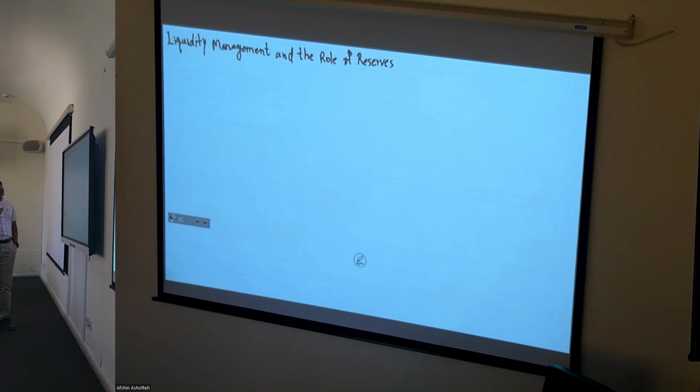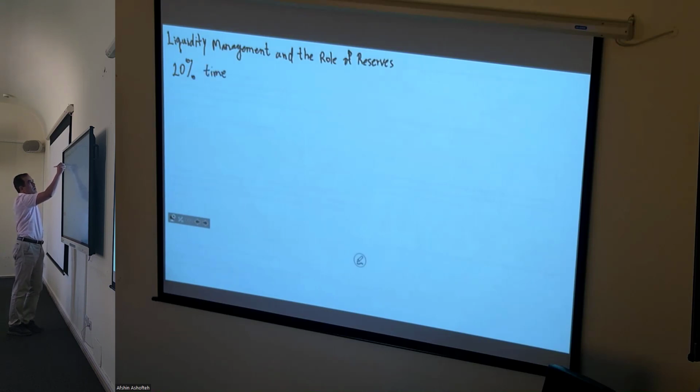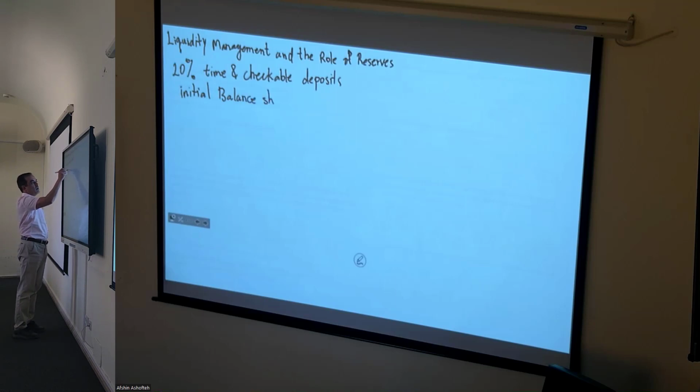So suppose that the bank is required to keep 10% of its time and checkable deposits as reserve. So basically we have this 10%, okay, of the time and checkable deposits. So the initial balance sheet should be considered as this.